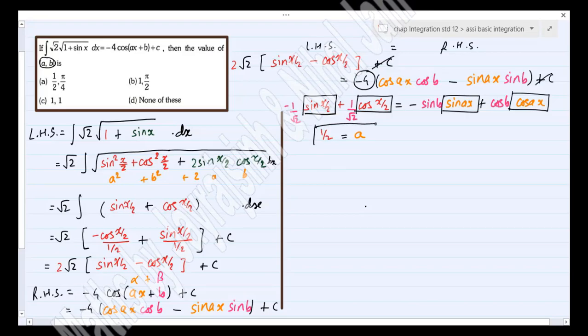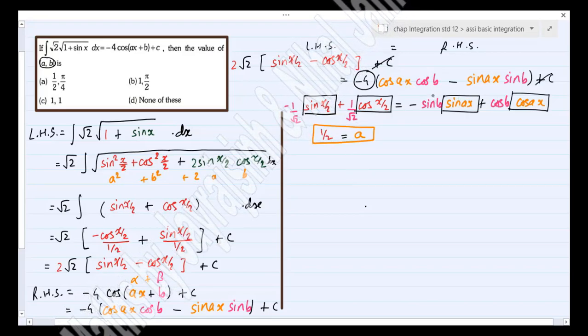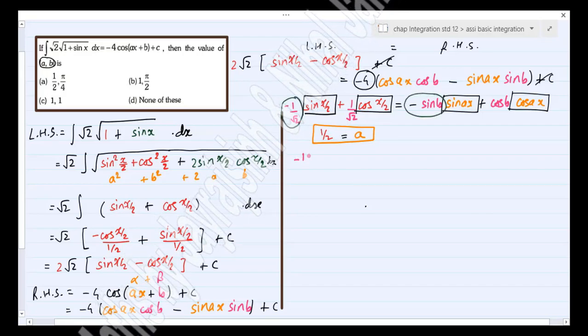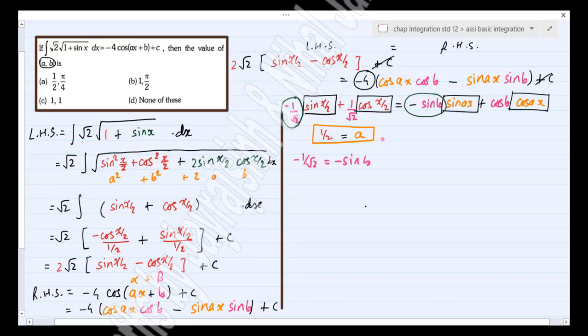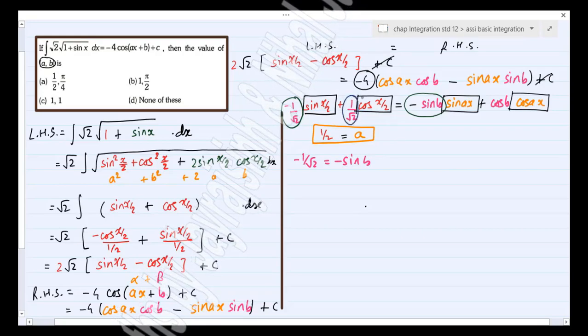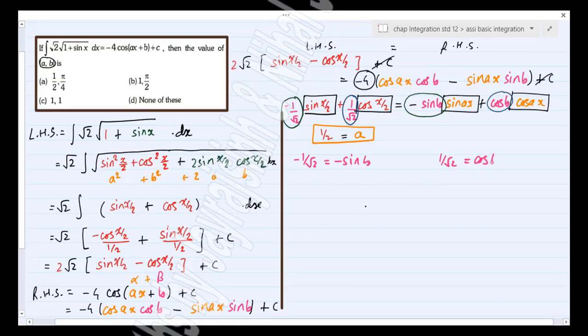So we can say our a is simply 1 by 2. If we compare coefficient of sin ax on both sides, minus 1 by root 2 is equal to minus sin b, and comparing the cos ax, we will get 1 by root 2 is equal to cos b.